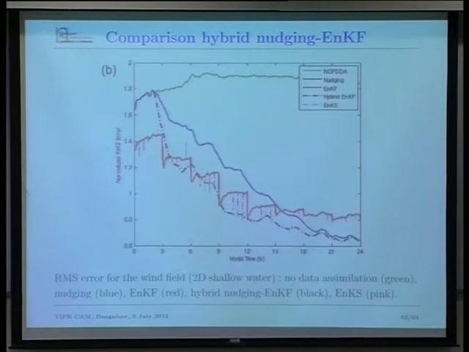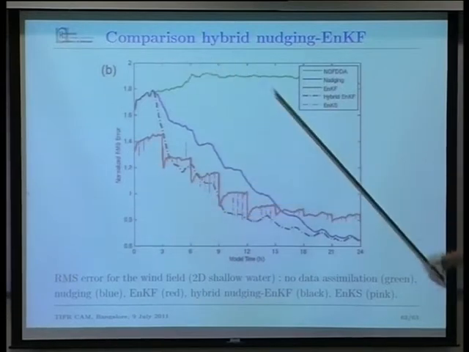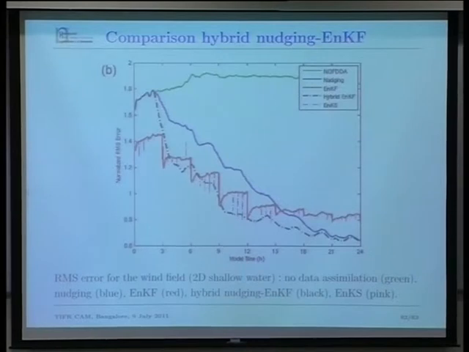And for the wind field, it's different. You can see that the standard error for the velocity in a shallow water model is usually very high, because in this kind of model for the wind field there is a huge current somewhere in the domain, and elsewhere there is almost nothing.